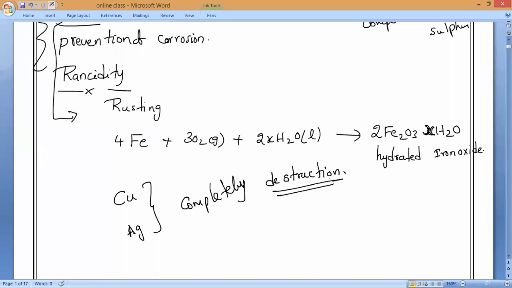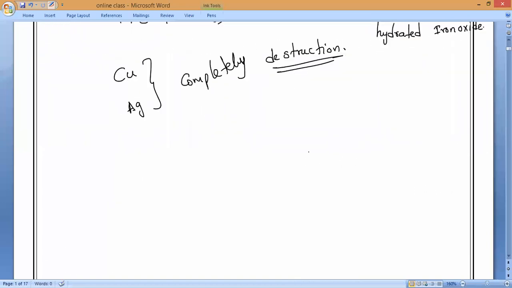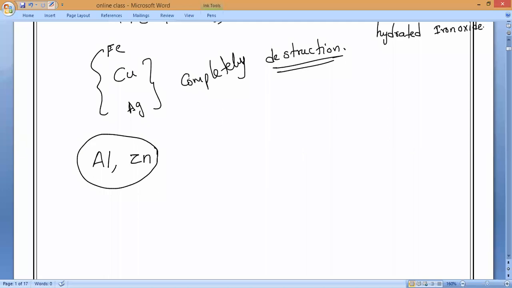But there are 2 metals which I taught you, what are they? Aluminium and zinc. For iron, copper and silver, always some protection is needed. We have to protect them. But for aluminum and zinc, protection is not needed.